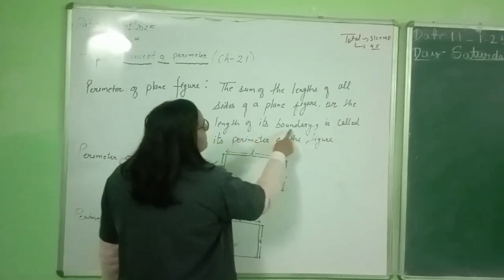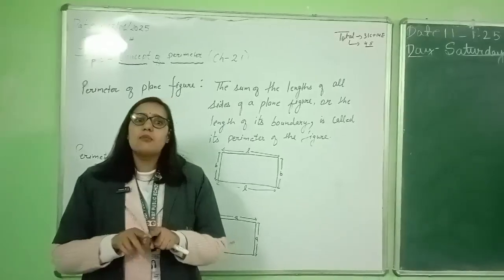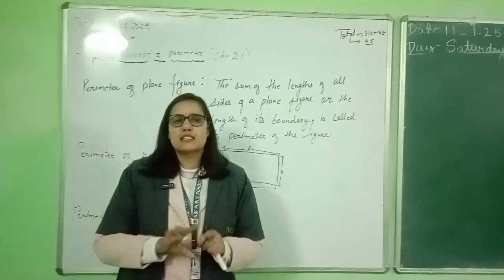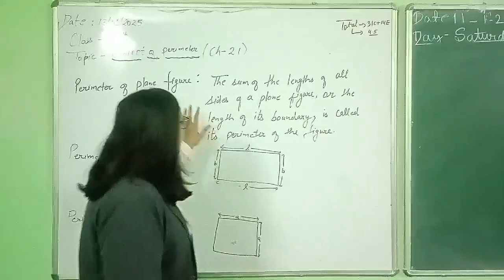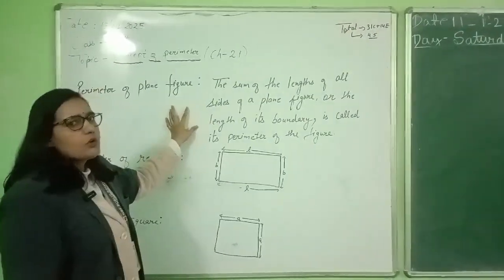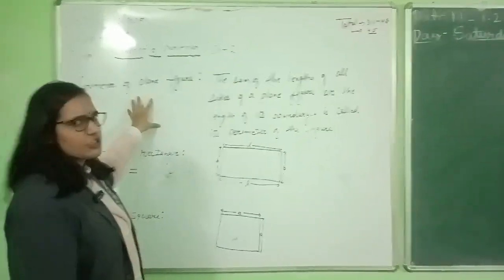Or the length of its boundary: if a figure is given to you, the sum of the length of its boundary is called the perimeter of the given figure. So this is the definition of perimeter. You have to write the definition in your notebook first of all.